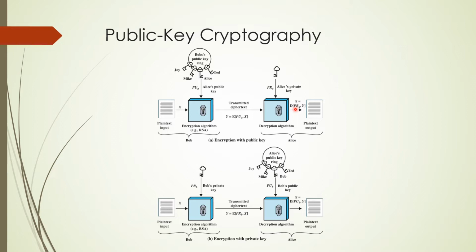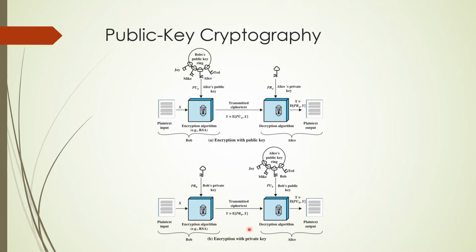If you don't have the private key of Alice, it would be either impossible or very, very hard to decrypt Y and create X. That's the first part. That's basically the concept of providing confidentiality using public key cryptography.